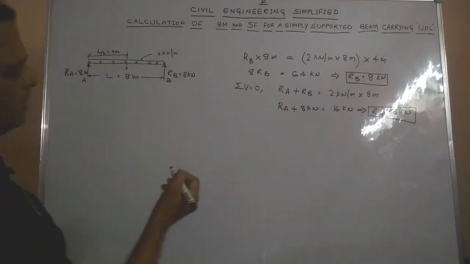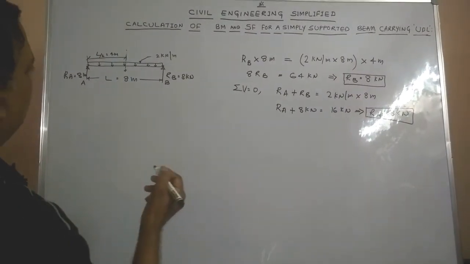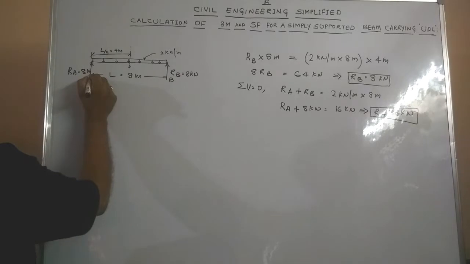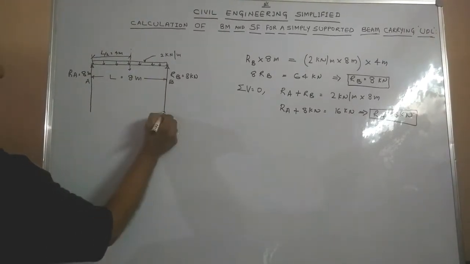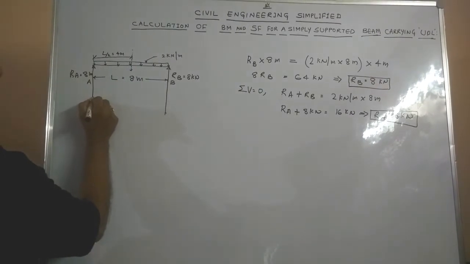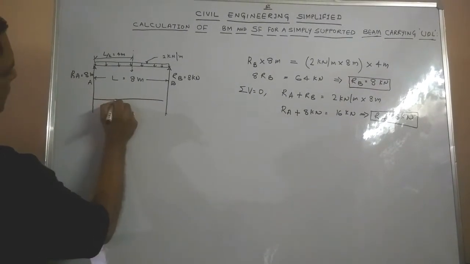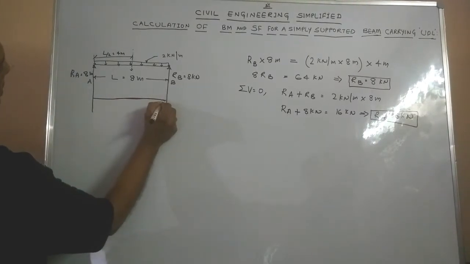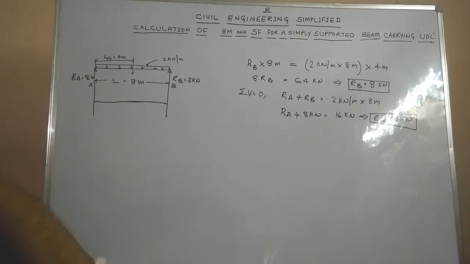Now, having calculated RA and RB, we can find out the shear force diagram for this, which is the first case. I draw a simple horizontal line to represent the datum.